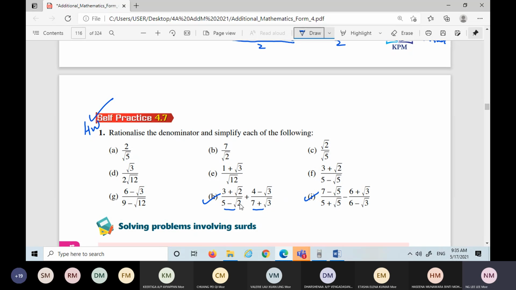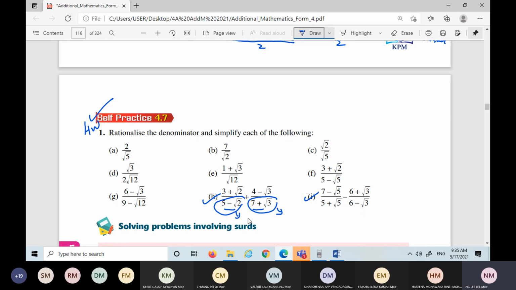So I don't think that when you do these questions and multiply this with this, you will end up with an answer without surd. You will still continue with an answer with surd. Therefore, for this, you have to multiply with the conjugate surd of itself.